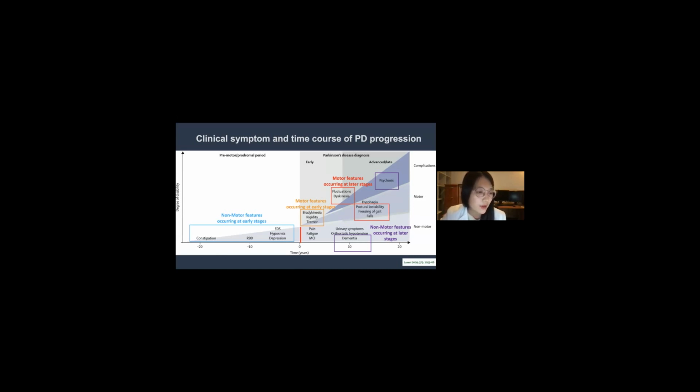This prodromal phase is characterized by specific non-motor symptoms such as impaired olfaction, constipation, or depression. At later stages, axial motor symptoms such as postural instability with frequent falls and freezing of gait tend to occur in advanced stages. A non-motor symptom occurring at a later stage is dementia.